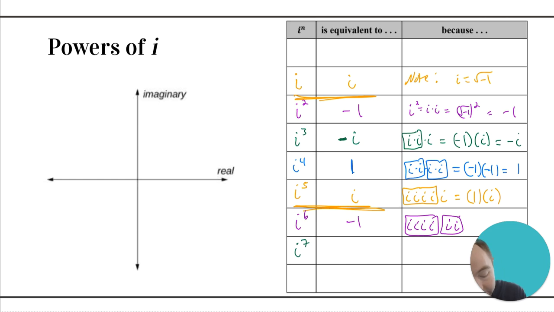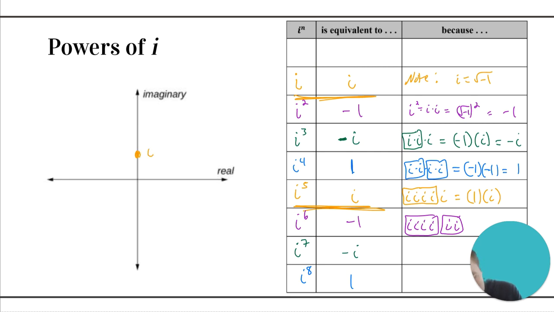So when you do powers of i, you just circle through the same numbers over and over again. When you start at the first power, i to the first is equal to i, that actually starts right here.